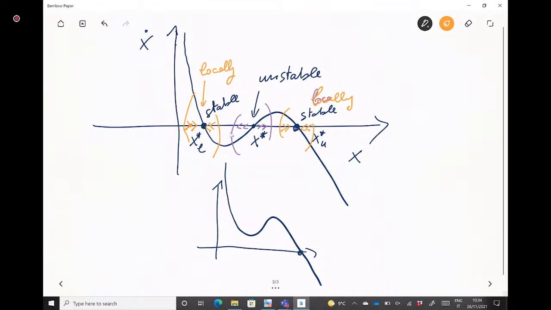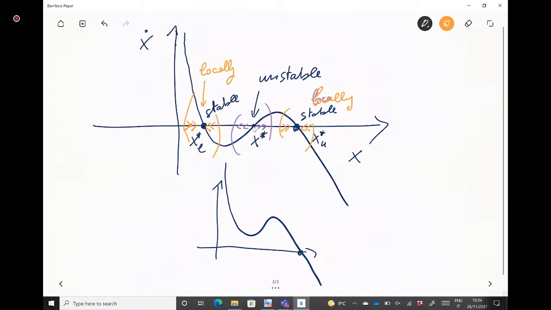Starting from here, can you see the arrow? Starting from here? No, because if we start here, we converge to this, right? Why? Because the derivative here is negative, and it is negative until this point, so it will decrease until here. If we start here at x star? No, because if we start here, we will remain at x star forever.